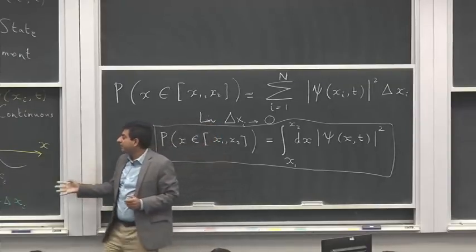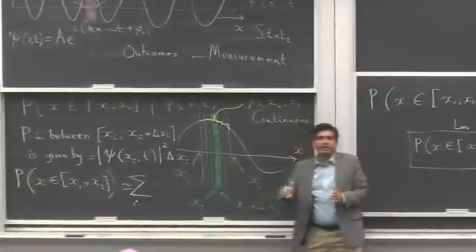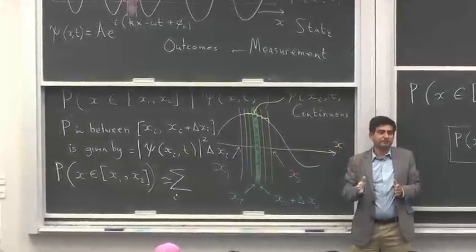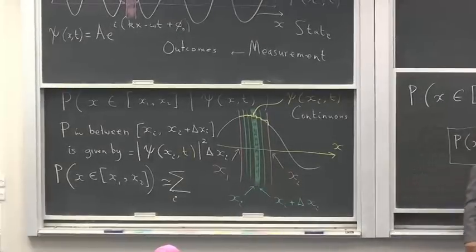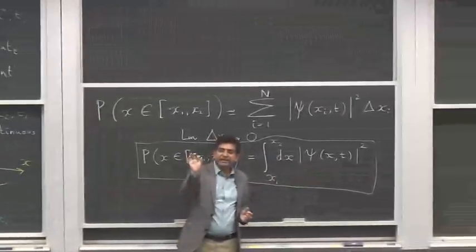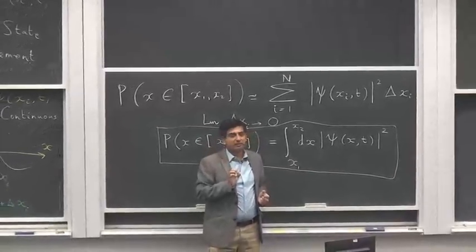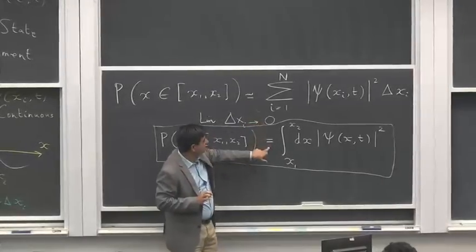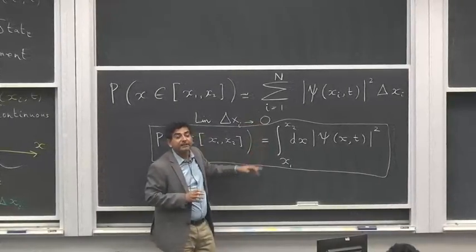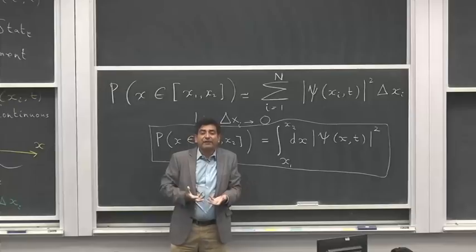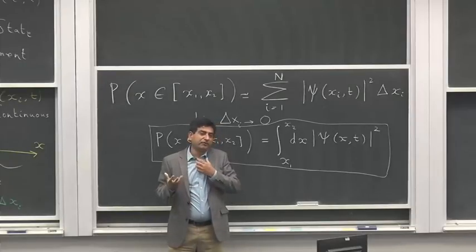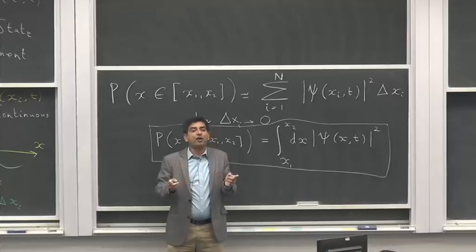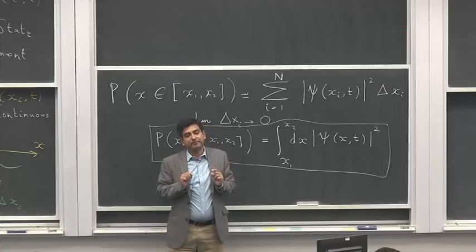I break up this interval into finer and finer intervals, so that I'm sampling the exact wave function at each point. And since I'm sampling the exact wave function, this approximation becomes an equality. This is actually how an integral is defined. This is the meaning of an integral. This is the physical interpretation of integration.